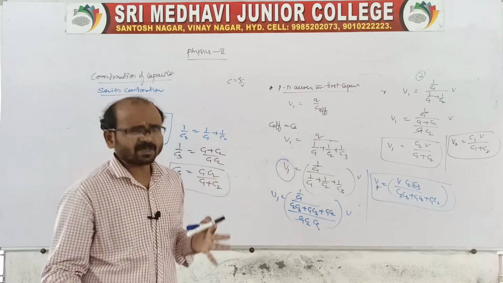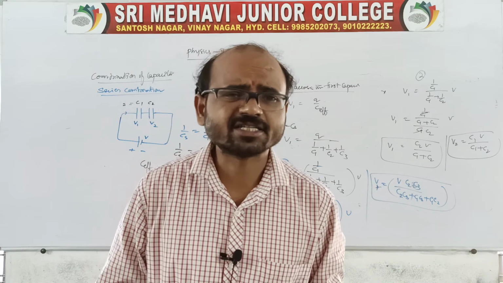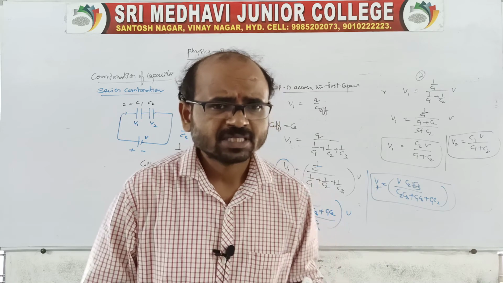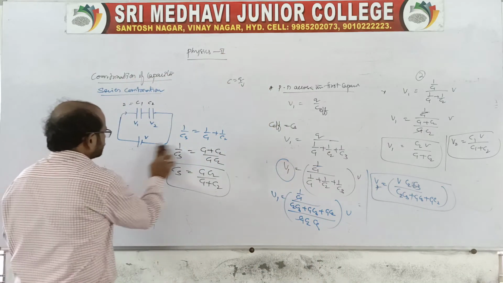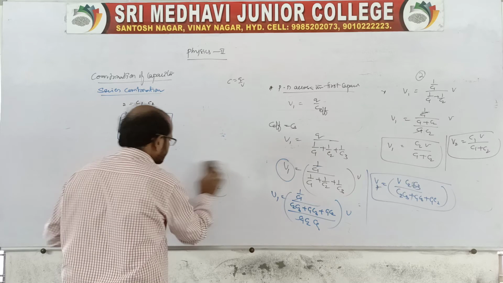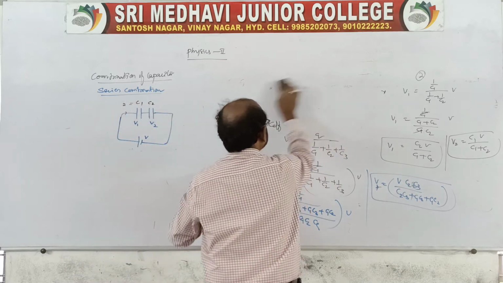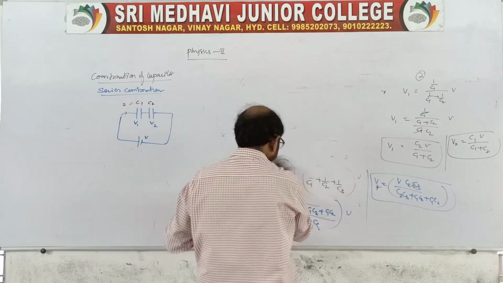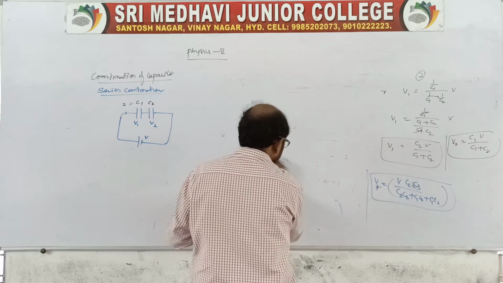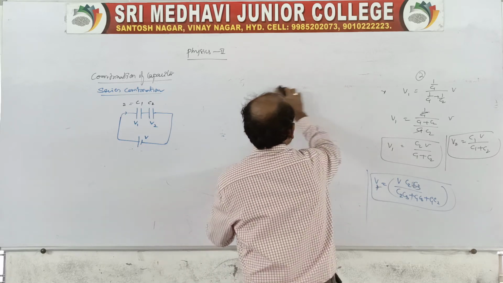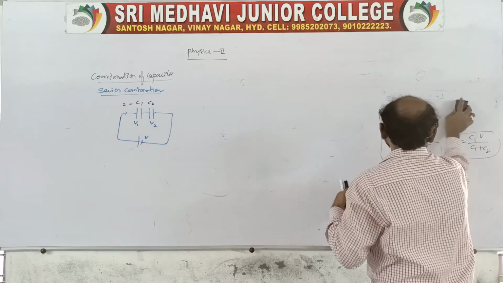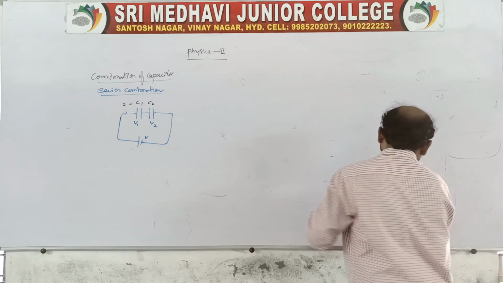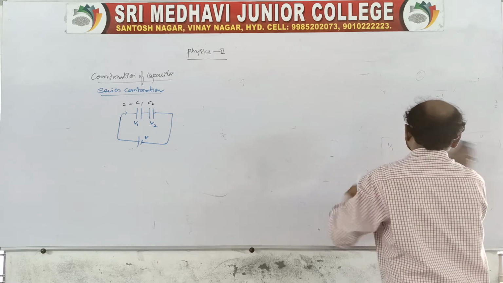Okay, if n number of capacitors are connected, that's what I told you: Cs is equal to C by N. On that basis I want to give you one problem. If the same capacitance is given and the capacitors are connected in series, we'll see what happens to the capacitance.